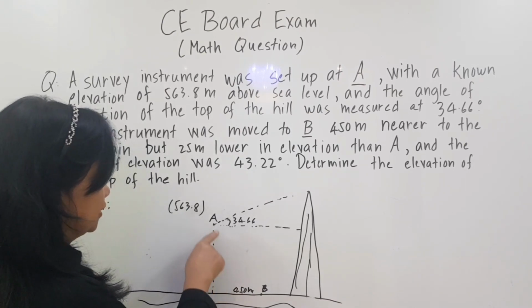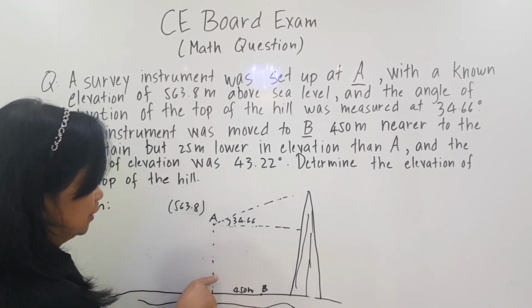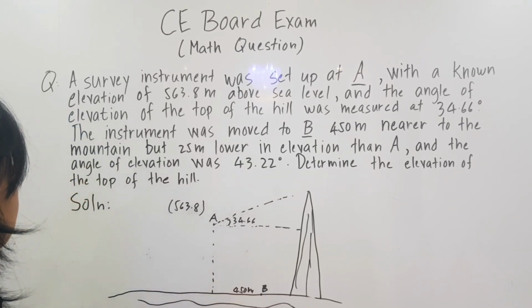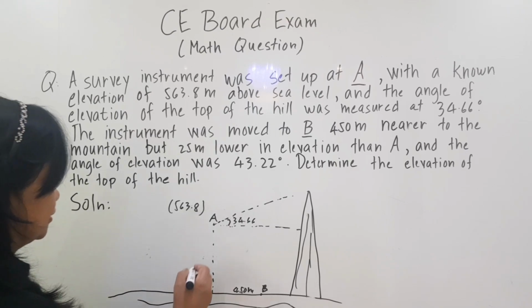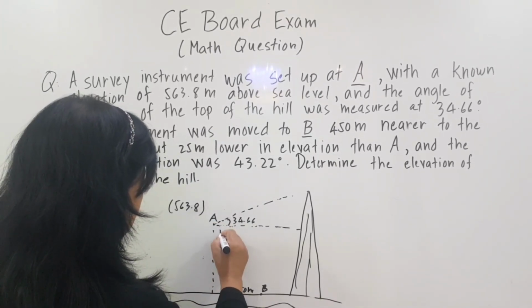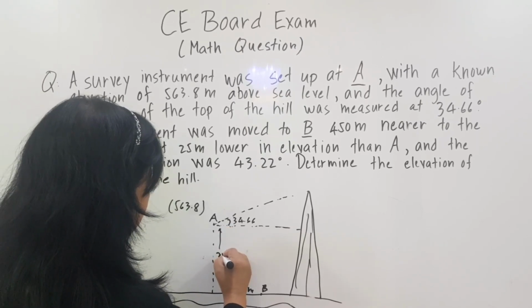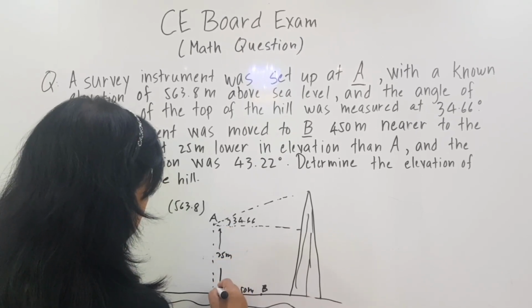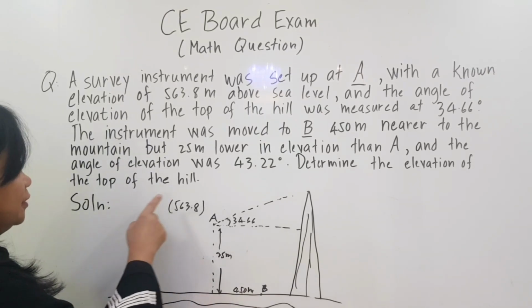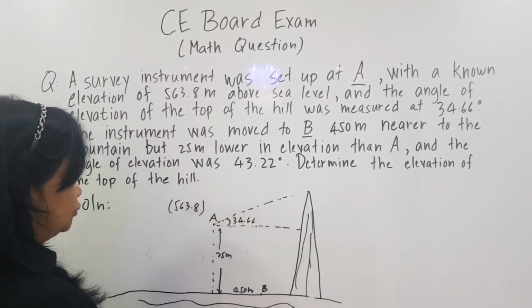It is lowered 25 meters, so this height from here to here is equal to 25 meters lower than A. And the angle of elevation was 43.22.